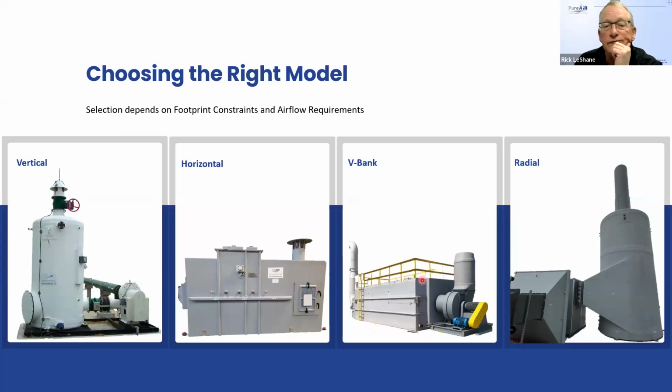Another situation for this high flow application: another model we could go with would be our radial flow systems. Radial flow systems are good at handling the higher airflows that we need for this application. But in this situation, there's a height restriction.